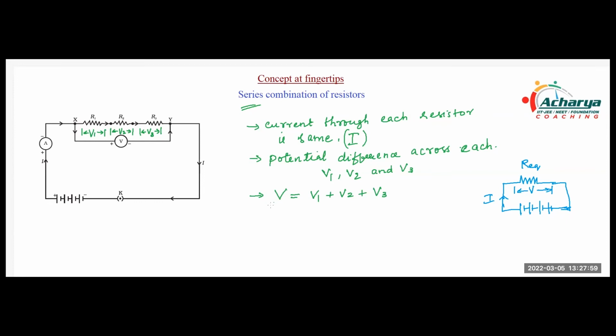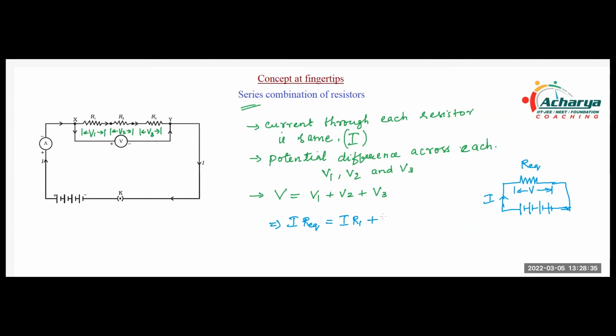On applying Ohm's law on the entire circuit, we can say that V is equal to I into R equivalent, which is equal to, again, what is V1? V1 is the voltage drop across R1, and by applying Ohm's law to the R1 resistor, we can say V1 is equal to I into R1, because the same total current I flows through R1.